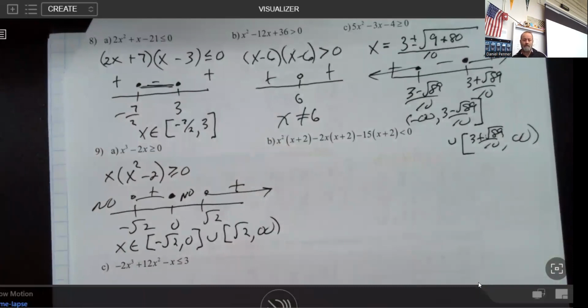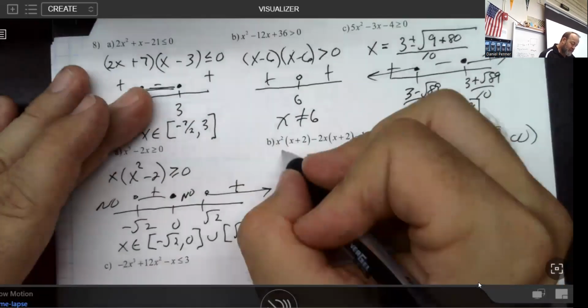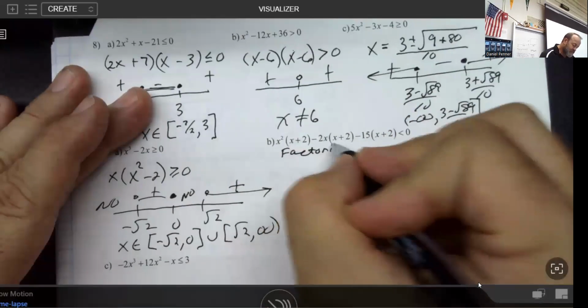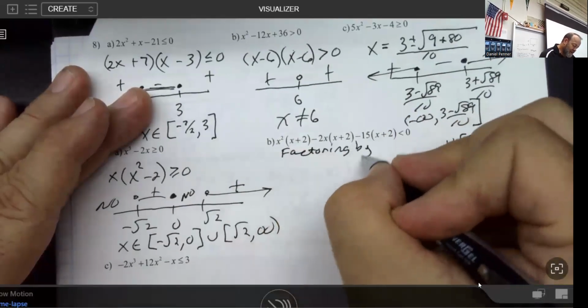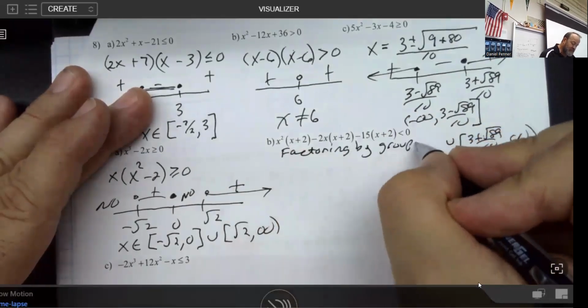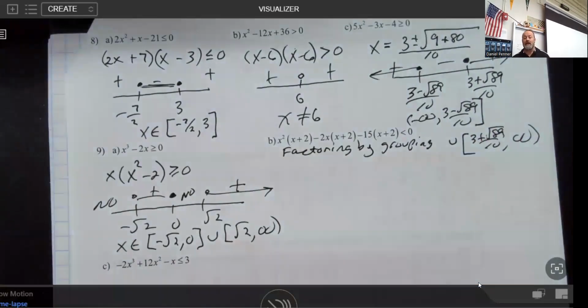Now, I highlighted B for a very specific reason. This is a little strategy known as factoring by grouping. When I teach Algebra 2, this is a topic that I like to emphasize because it is a very, very, very useful tool in a lot of mathematics.